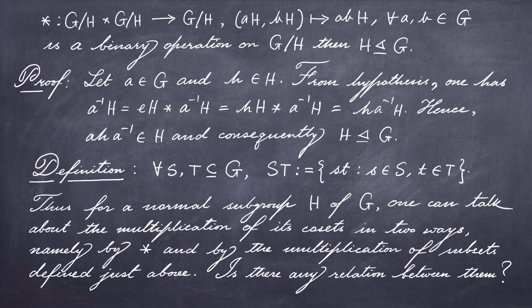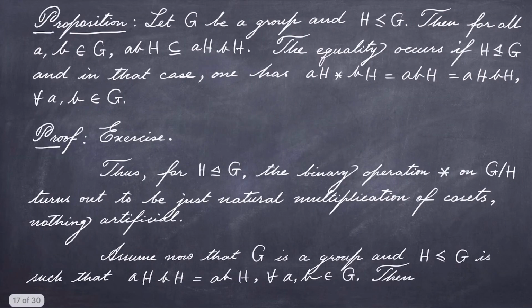One way is, of course, by star, which we defined earlier, and another way is to treat the cosets as two subsets of G and multiply them by this very natural multiplication. So we have two ways to multiply two cosets. It's quite natural to ask whether there is any relation between these two multiplications.